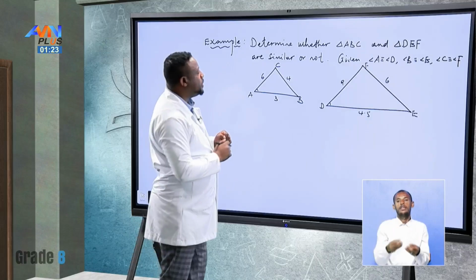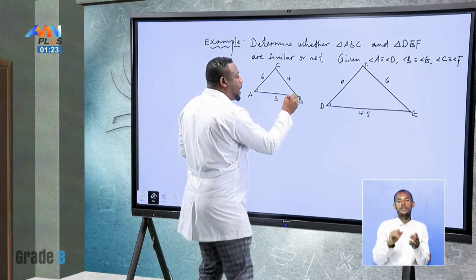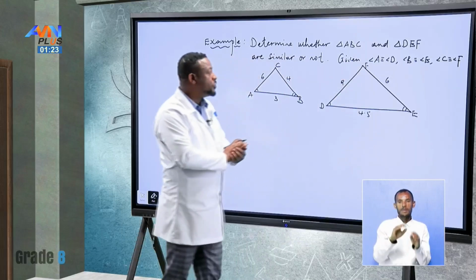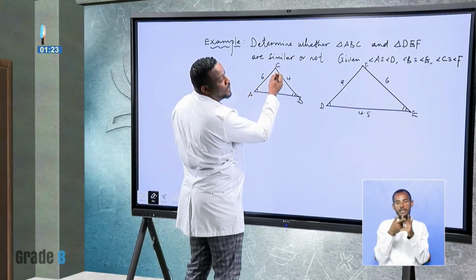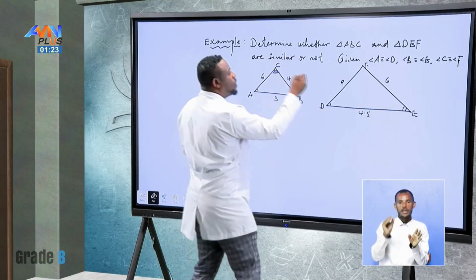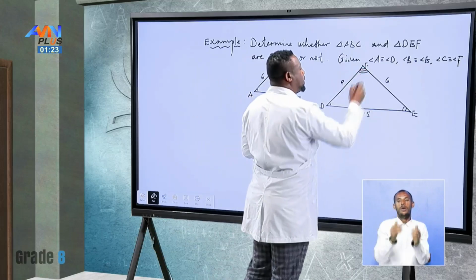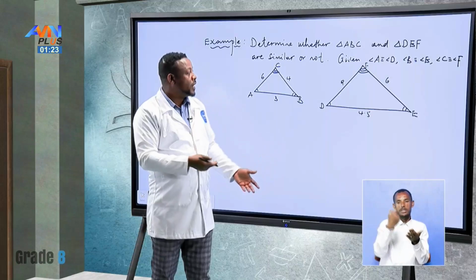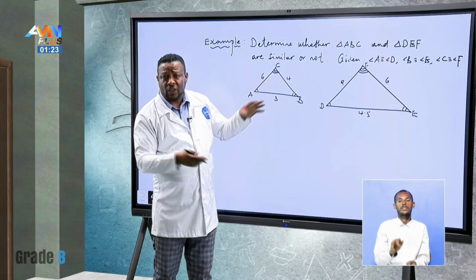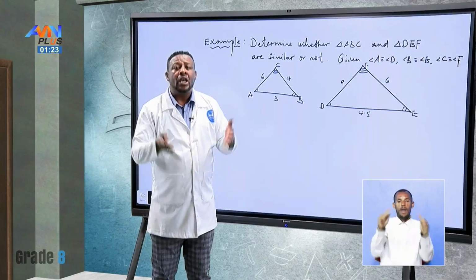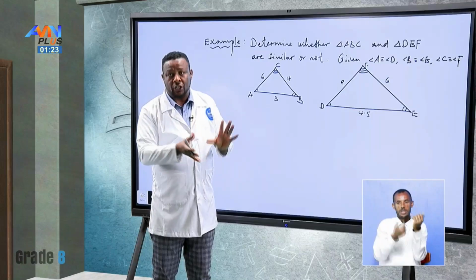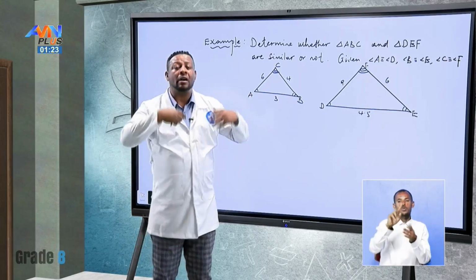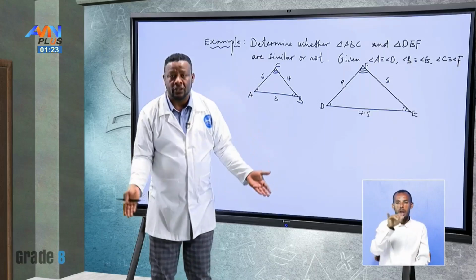The other information is angle B and angle E are the same, and the angles C and F are congruent. Okay, these all are given. The other information about these two triangles is the side of each triangle is given. So based on this information, we are asked to determine whether these two triangles are similar or not.